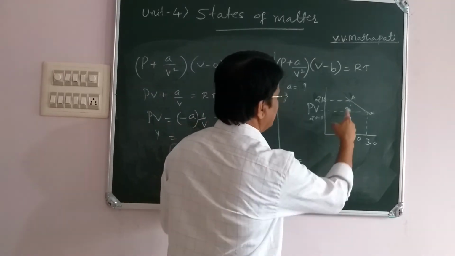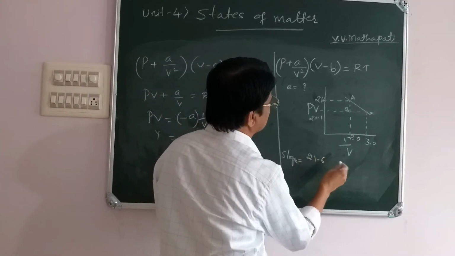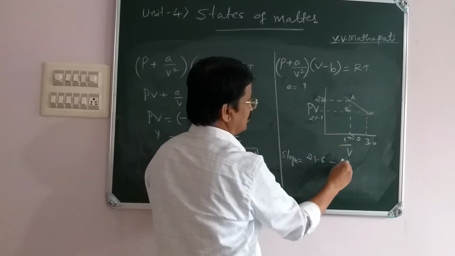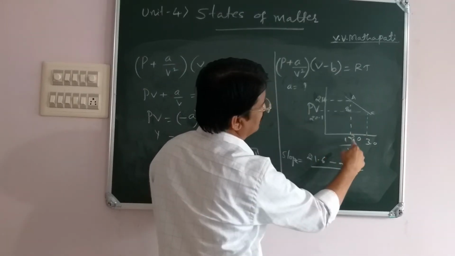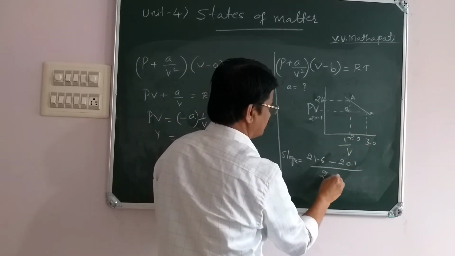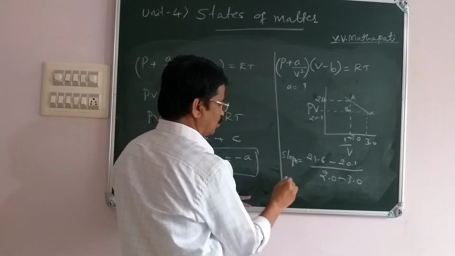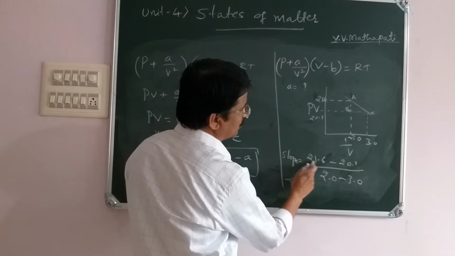Then the A value: slope is minus A, which equals (21.6 minus 20.1) by (2.0 minus 3.0).